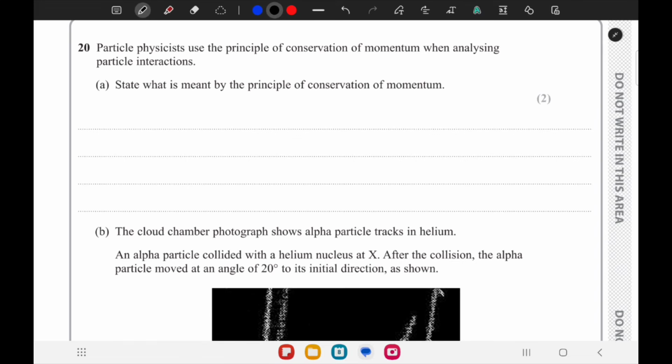We also have to mention that this has to be in a closed system, or that there must be no external forces on them. So total momentum remains constant in a closed system.